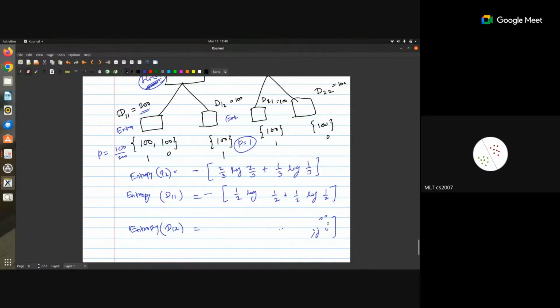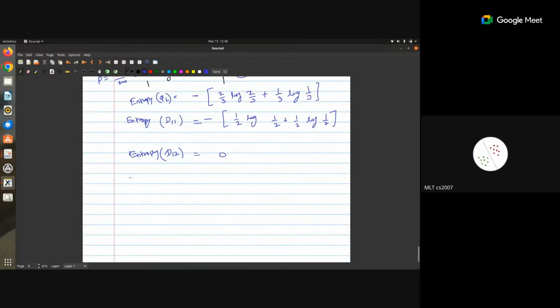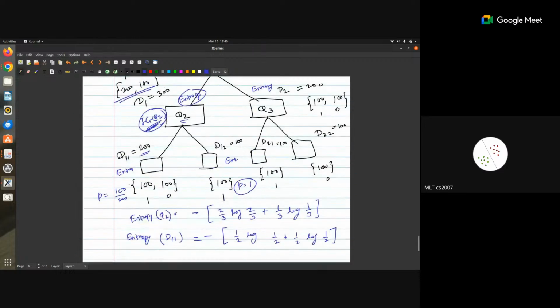Okay, now what is the information gain at this point Q2? The information gain equals the entropy at Q2 minus gamma. Gamma is what?